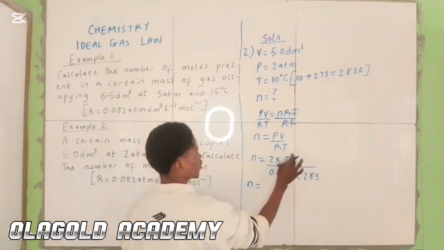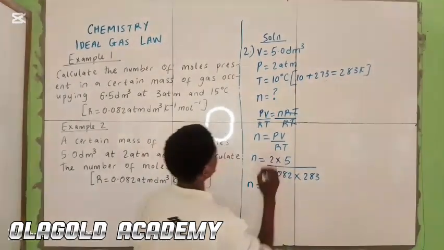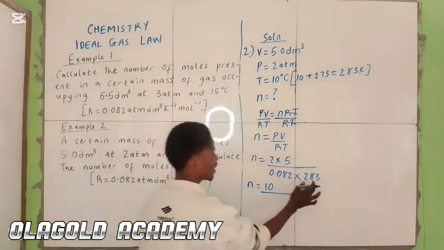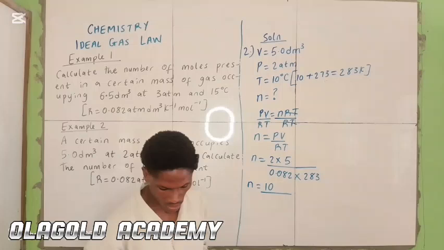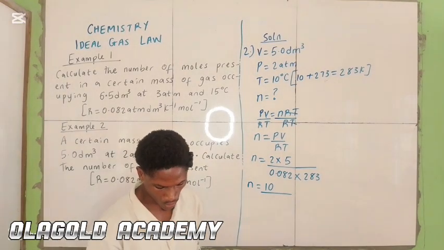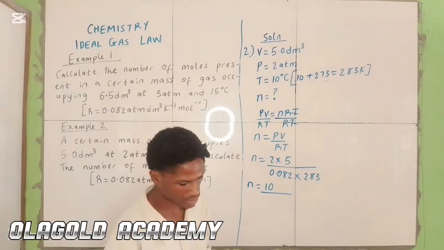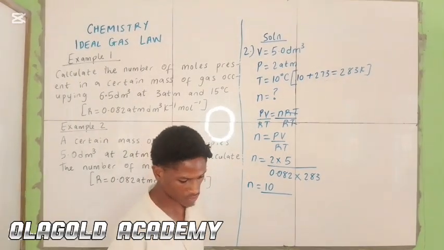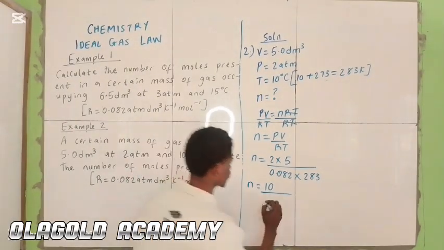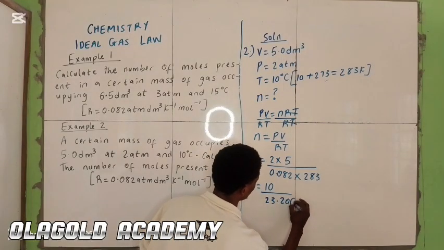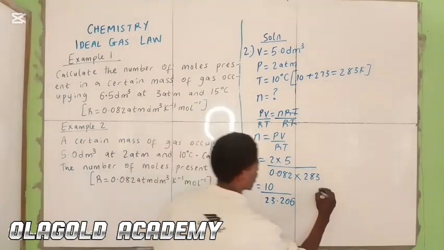When we multiply the numerator, we get 10 over, 0.082 multiplied by 283, which gives 23.206.